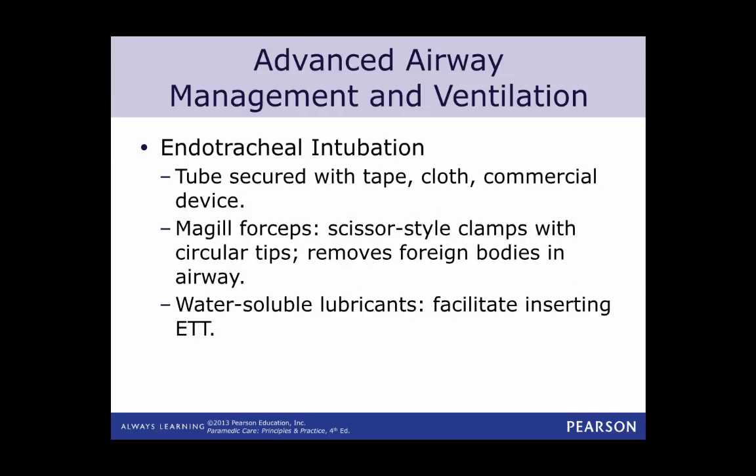Okay. So again, on this one, it just shows you some equipment that you need, right? Either a commercial tube tamer or a tape, some forceps for foreign bodies, some water-soluble lubricants, and that's one thing that I think a lot of us forget to do, is lubricate those tubes.